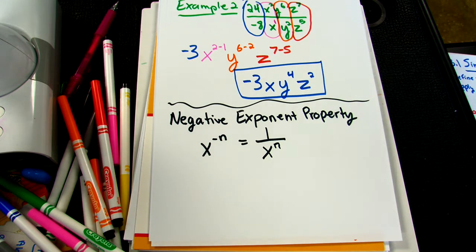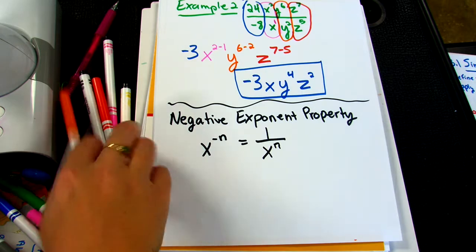So let's do a couple of examples, and on these examples, I want you to remember that there's also another property that we need to remember. Let me show you the example.